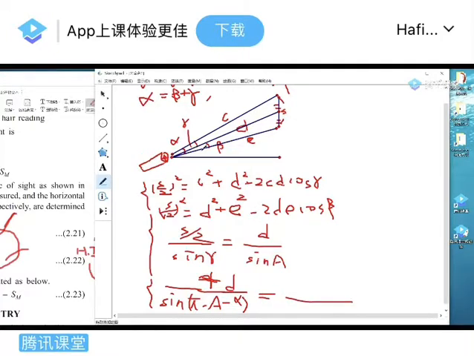Look at this one, this one is beta, sine beta. Sine beta is already known. There is no problem. So this number is already known. Based on these two pieces of information, you can get rid of D. So this will become D equals something, and this also will be D.